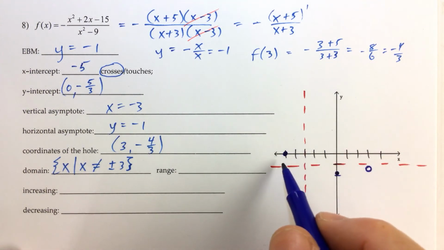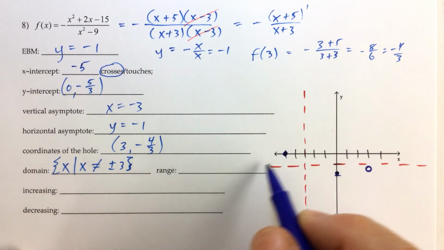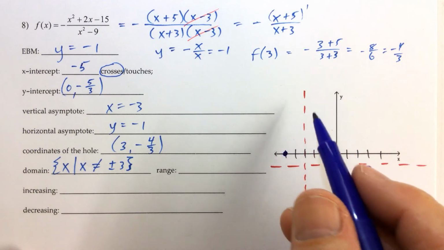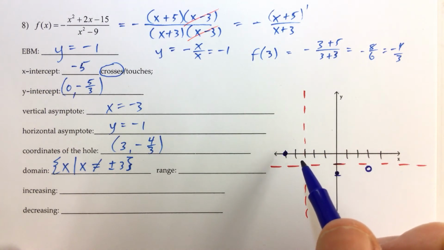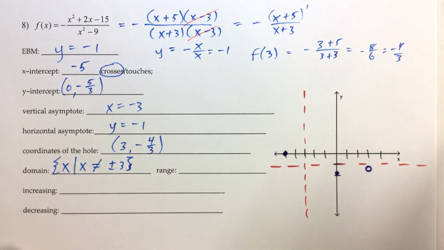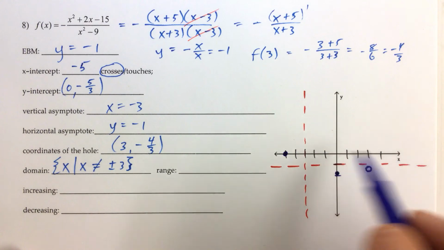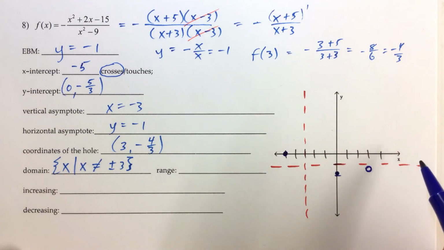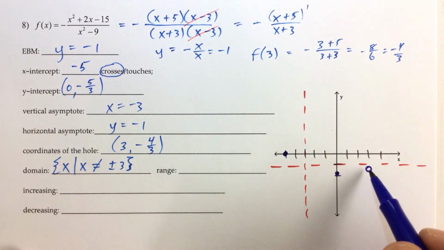We have to move on the graph from this horizontal asymptote to that vertical asymptote, because keep in mind, rational functions are made up of polynomials. Polynomials are continuous for all real numbers. Rational functions are continuous over all real numbers, nice and smooth with no sharp points, except for when you have a vertical asymptote or a hole.